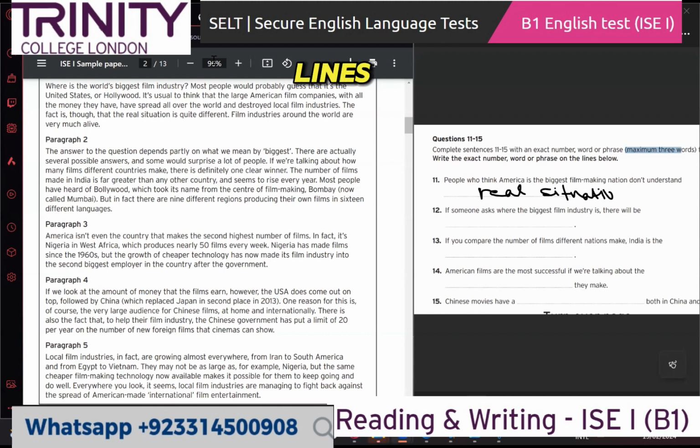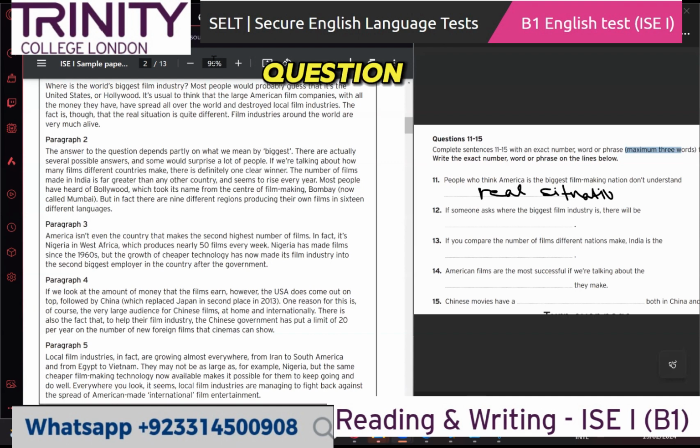In the top two lines only, the answer to the question depends partly on what way. See, they are asking if someone asks, means if someone questions.